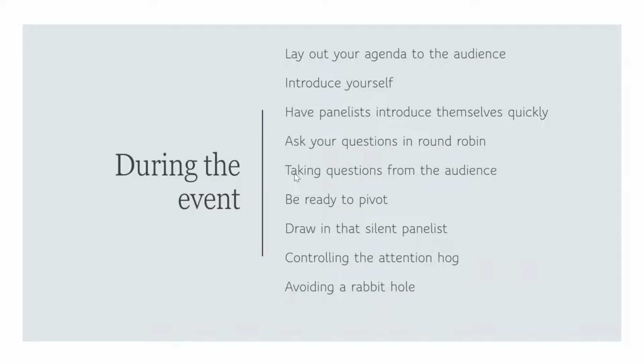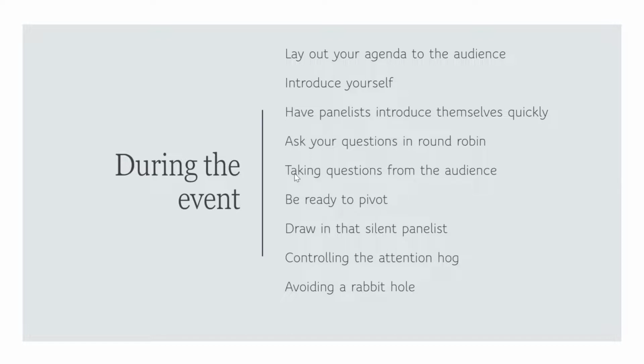Part of being ready to pivot is dealing with that panelist who isn't contributing much. Some people are nervous. Maybe you learn you don't want to ask them to sit on a panel again, or maybe you want to talk to them about how to serve on a panel and what their role is and how they need to be a little bit more interactive. But feel free to call on them directly.